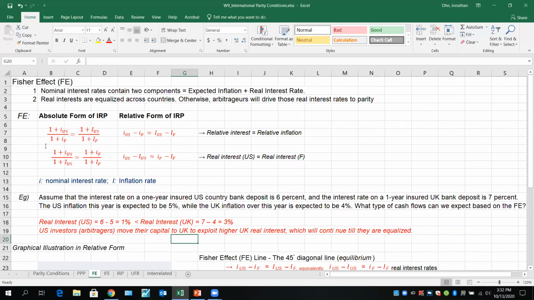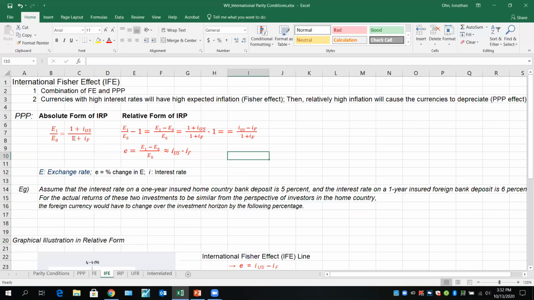So if you combine purchasing power parity and the Fisher effect, we end up with E1 over E0 equal to 1 plus I US over 1 plus I F. We arrived at this through inflation, which is equal to this one by the Fisher effect.